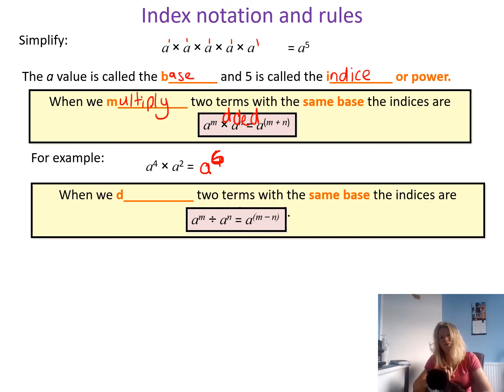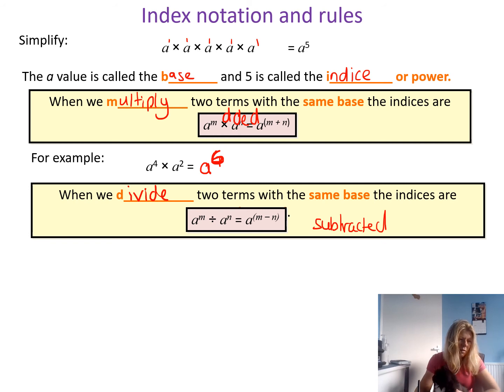Right, when we divide two terms by the same base, the indices are, you can probably see here, subtracted. So an example of that would be perhaps that, we have to still do the divide with the numbers. 8 divided by 2 is 4, but because it's terms, 8 p to the 6 divided by p to the 4, we just take away.